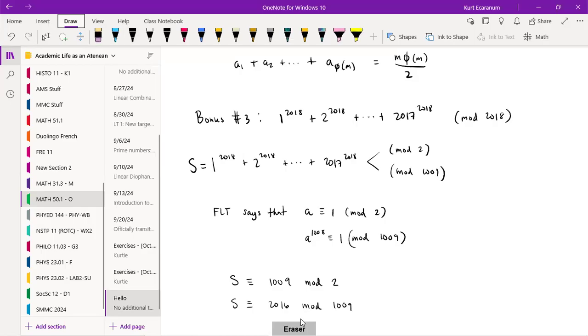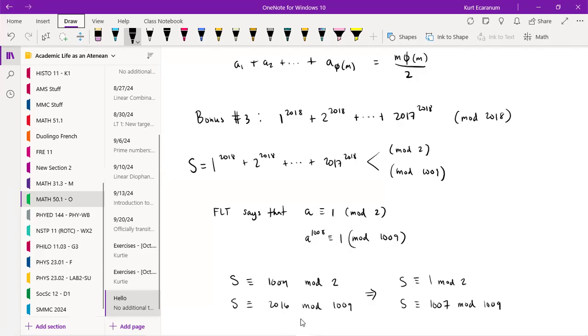And then this 1009 would be simply this would be S again, this is 1 mod 2, and then this would be 1007 modulo 1009.